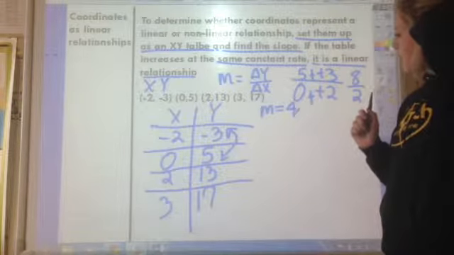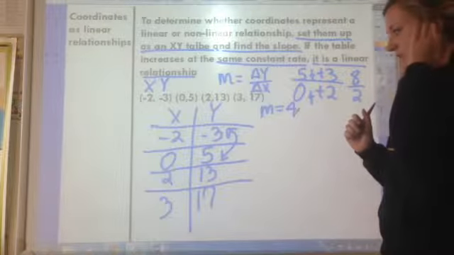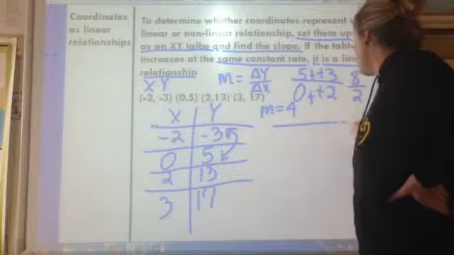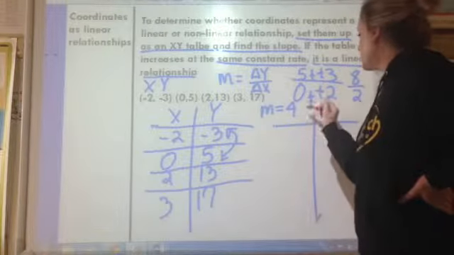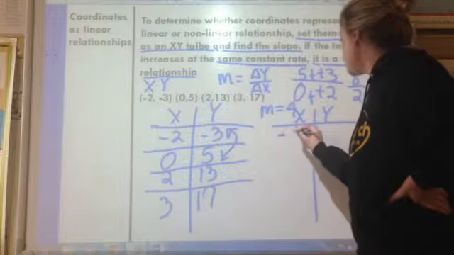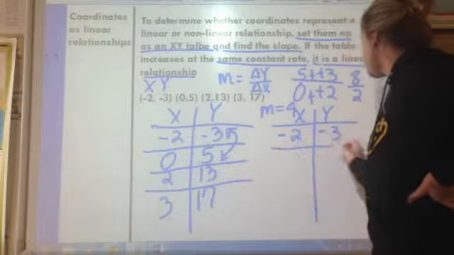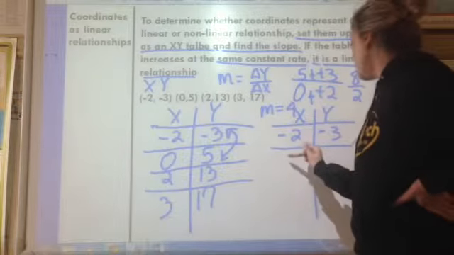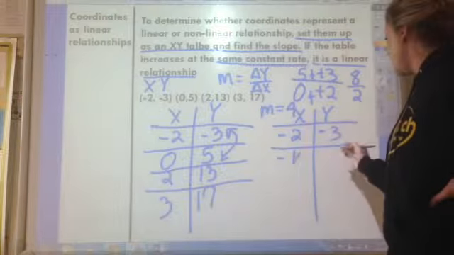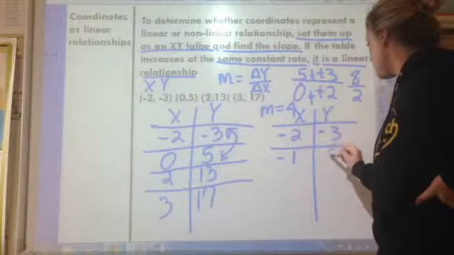What I need to figure out now is, does that work with this table? The easiest way to do that is to make a continuation of the table and plot every single point. If I have -2 and -3, and I plot my next point using the same slope, it would be -1, and then -3 plus 4 would leave me with 1.